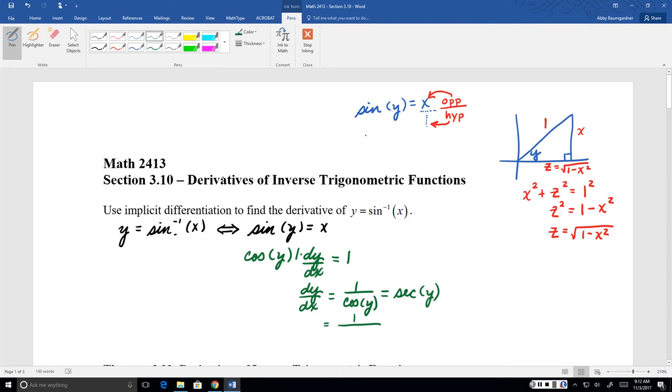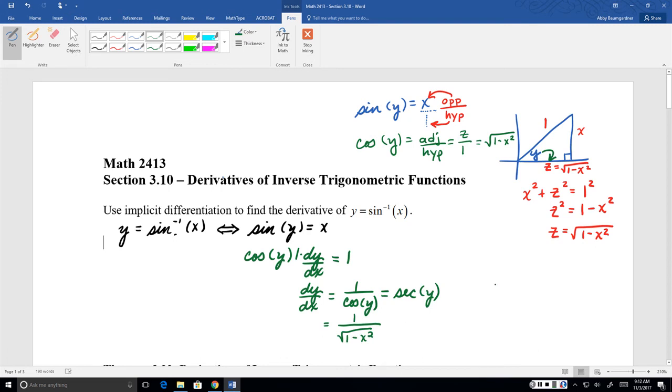If sine of y is opposite over hypotenuse, cosine of y is adjacent over hypotenuse. And if I look at my triangle, what is adjacent is my z over the hypotenuse, which is 1. But z is actually the square root of 1 minus x squared. So cosine of y is the square root of 1 minus x squared.